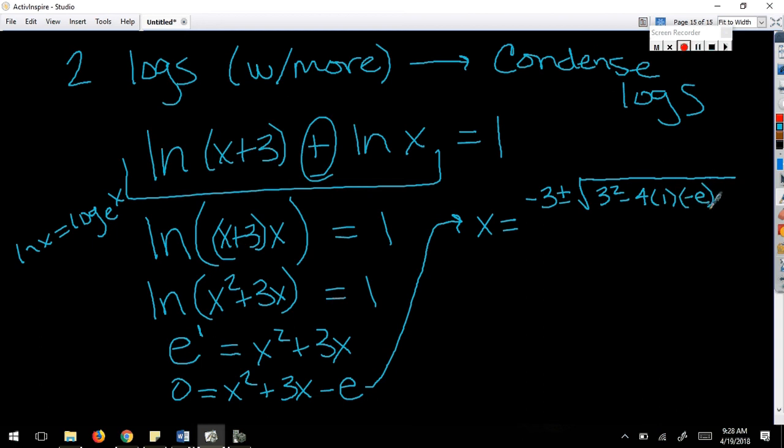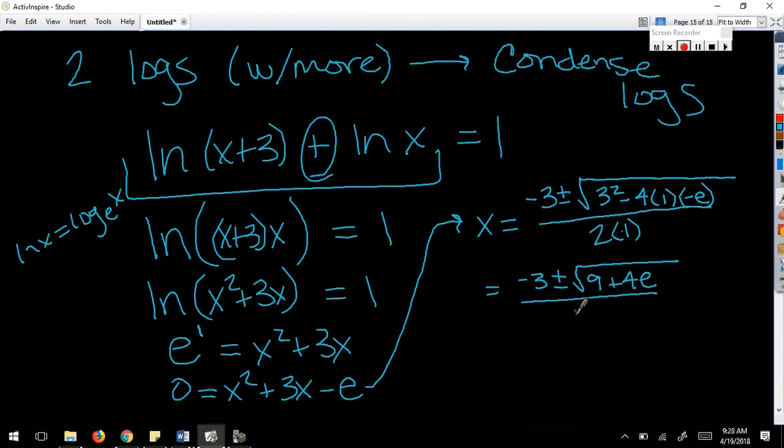C is actually negative e, all over 2a. What is e again? 2.71. You can literally put 9 plus 4e on your calculator and get a decimal equivalent for it.